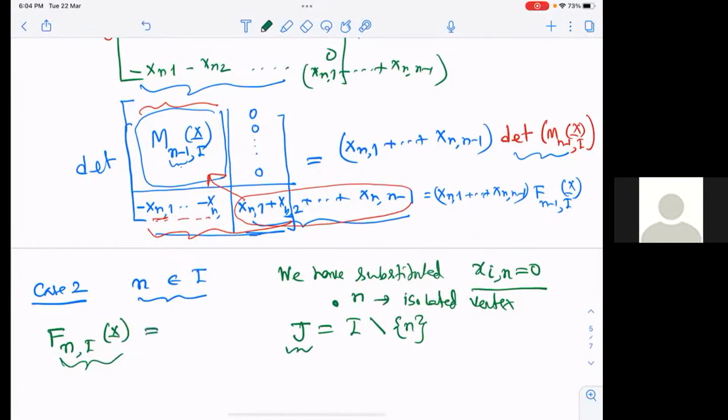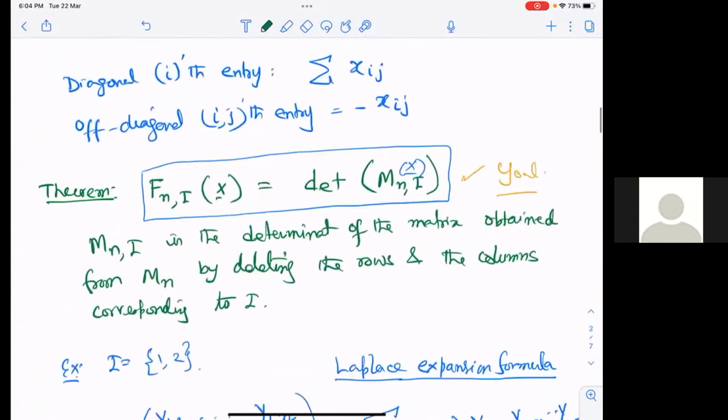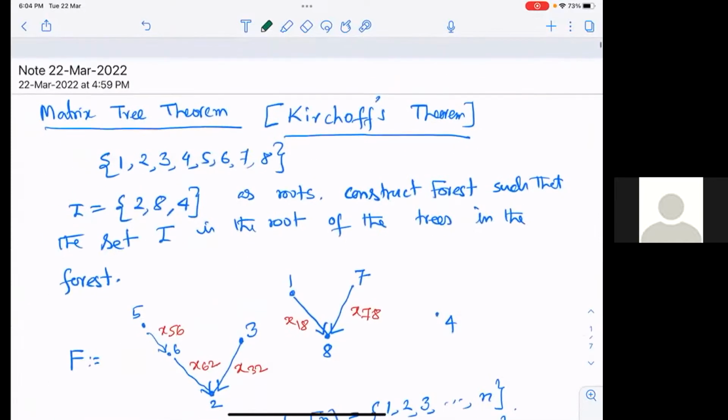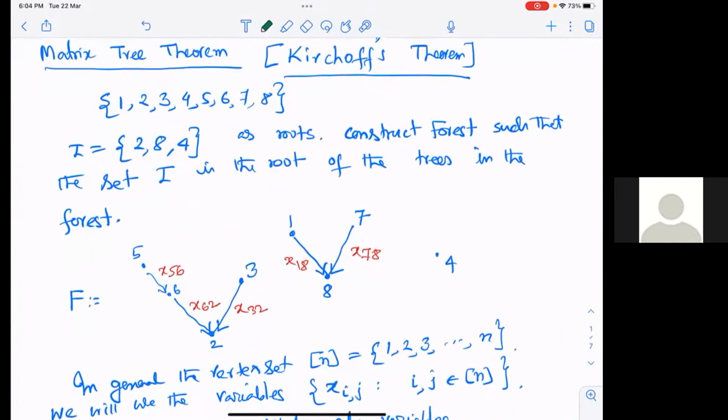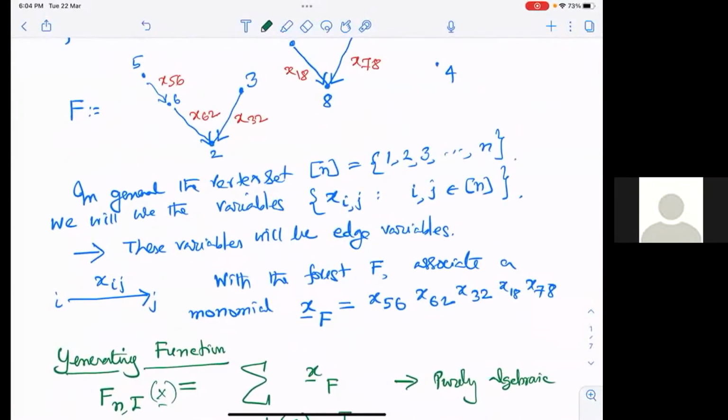So this is equal to basically f n minus 1 J x. Why is that? It is clear, but let's go back to the first examples. When this 4 was isolated, we do not count that 4 in the monomial, right? This monomial was just a forest over the other n minus 1 variables.